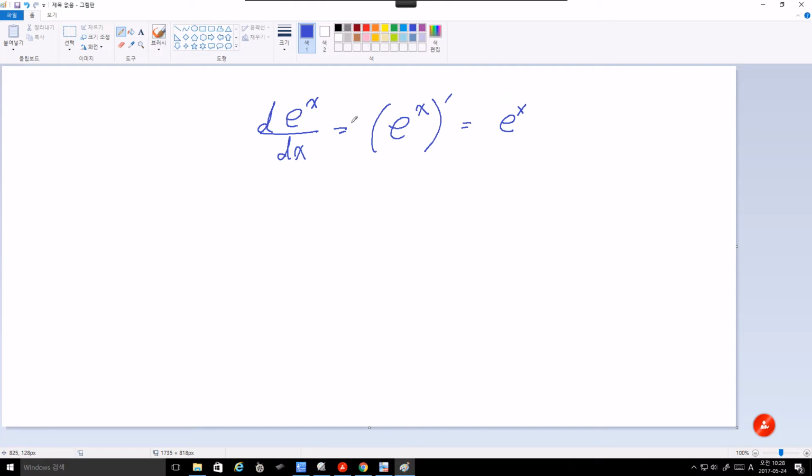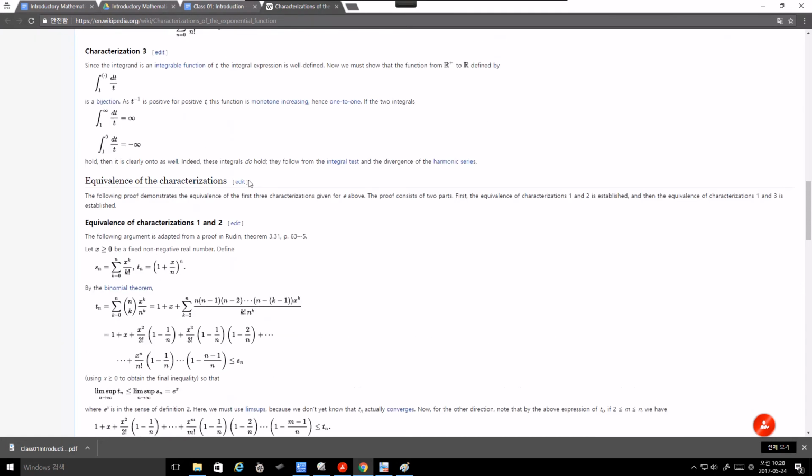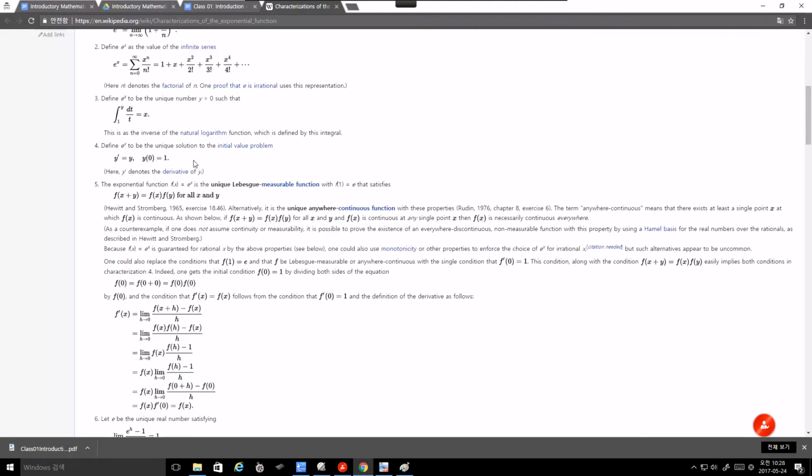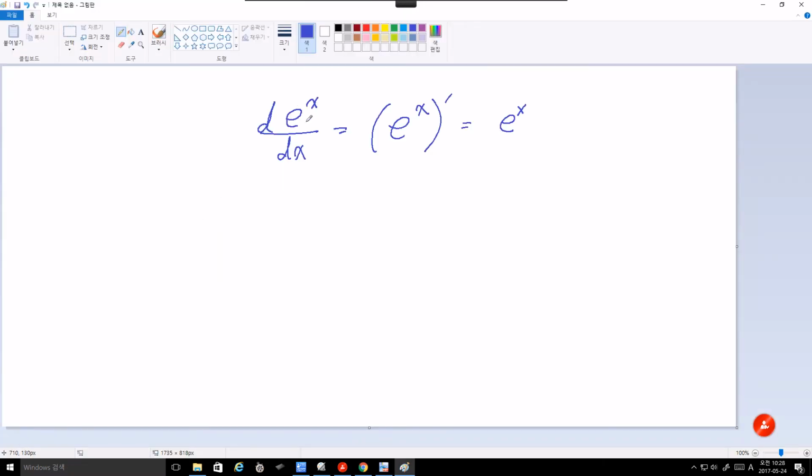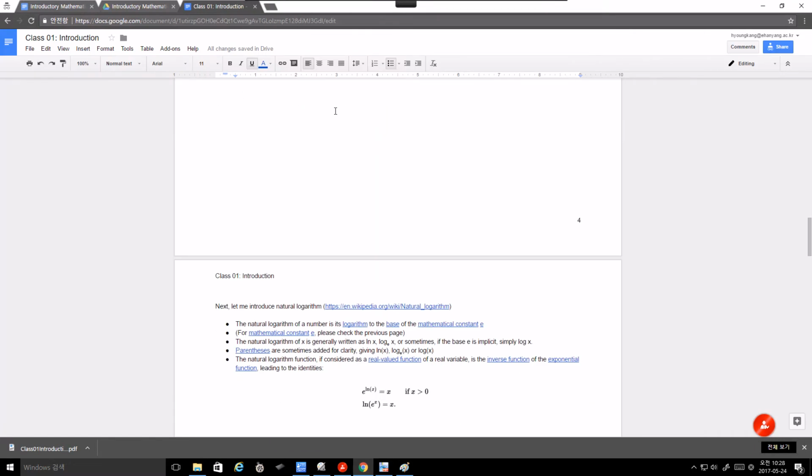You can prove this with either definition. You can take the derivative of this part, and you can easily see that it is exactly the same as before. Alternatively, you can take the derivative of this one, and it is still the same as itself. Therefore, if you take the derivative of the exponential function, it becomes itself. This is a very important property.